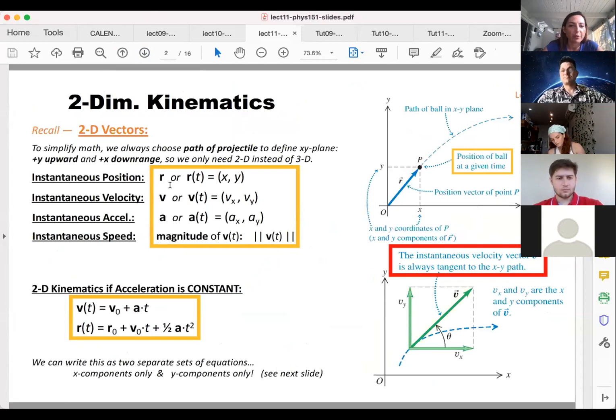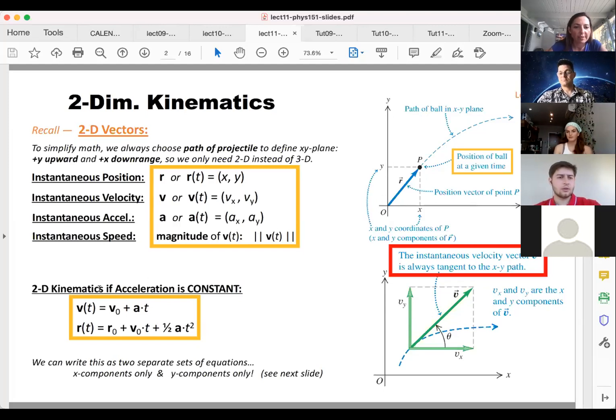Here we saw already how to write the instantaneous position, r(t), with X and Y components. Also the velocity is going to have 2 components, Vx and Vy, and the acceleration is going to have 2 components, Ax and Ay. Again, the magnitude of a vector is always positive and is indicated in this way.